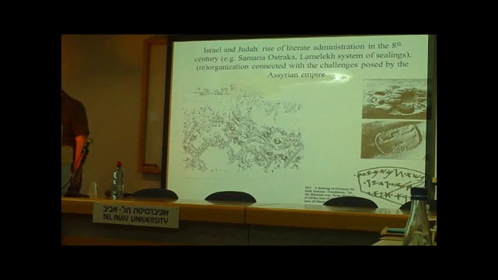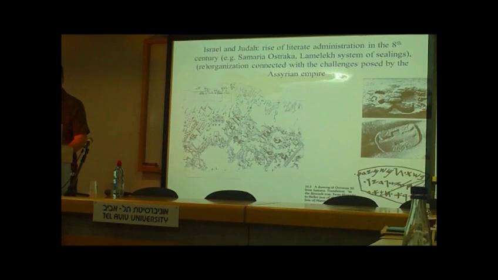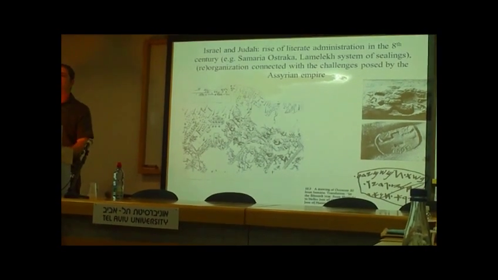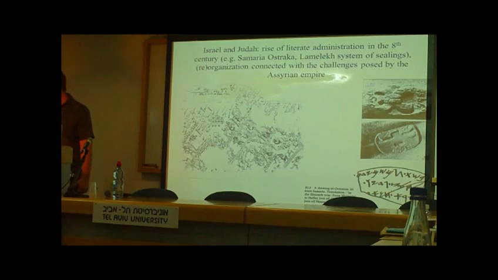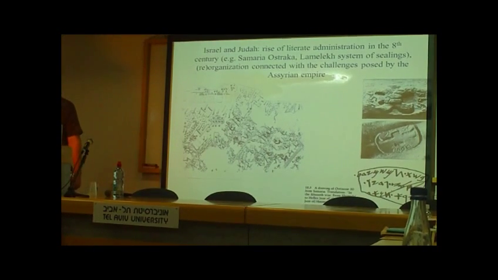At the same time, both Israel and Judah are facing more problems, or part of the reason is because the venue of connectivity is either not open to them or they're reluctant to use it. There are obvious examples of literate administration in the 8th century, seen in, for example, the famous Samaria Ostraka, and later the Lamelech system in Judah.